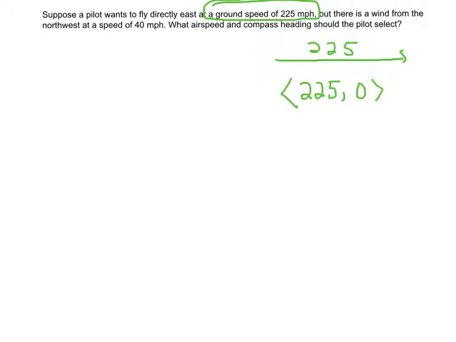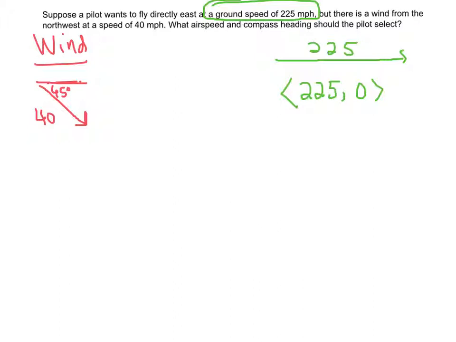So there are two different vectors acting together that will give us this resultant vector. One is a wind vector, and the wind vector is heading, let's see, there's a wind from the northwest, so that means it's heading southeast at a speed of 40 miles per hour. So that tells me that this angle here is 45 degrees.